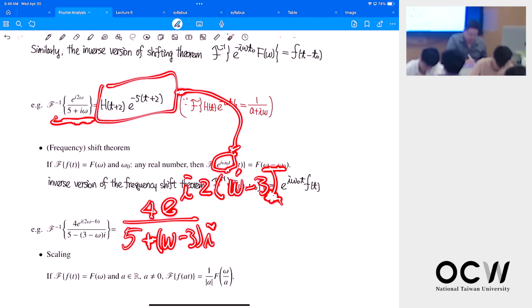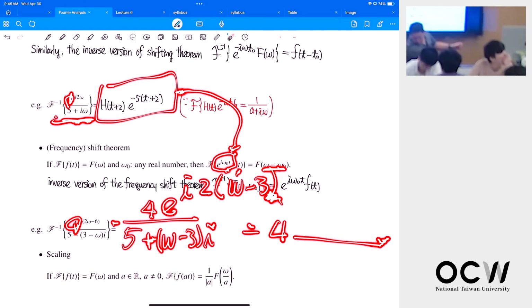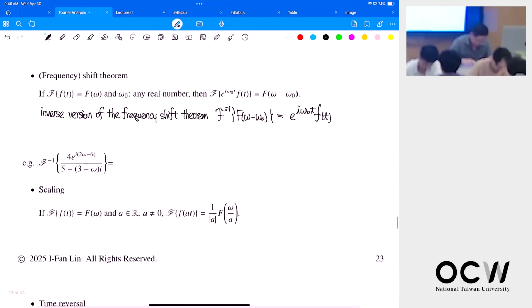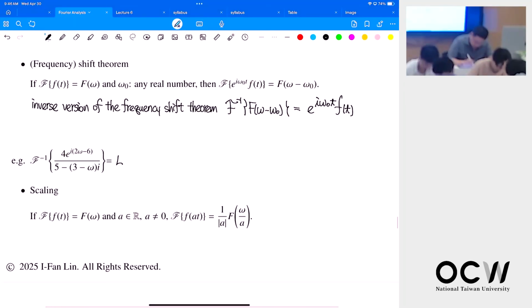And since I have a 4 rather than nothing, here I should have 4. Any questions for this? So there will be 4 times the Heaviside function, e to the minus 5 times t plus 2, and then we have a shift, so e to the j 3t.